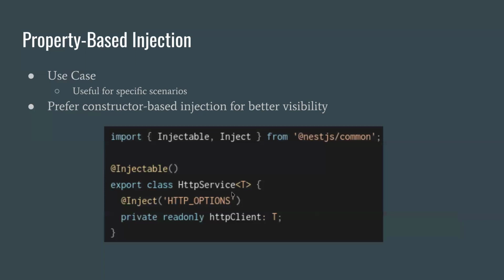In such cases, you can use property-based injection with the inject decorator. So this is an example of property-based injection. But if your class does not extend another class, it is always good to prefer constructor-based injection for better visibility and explicitness.